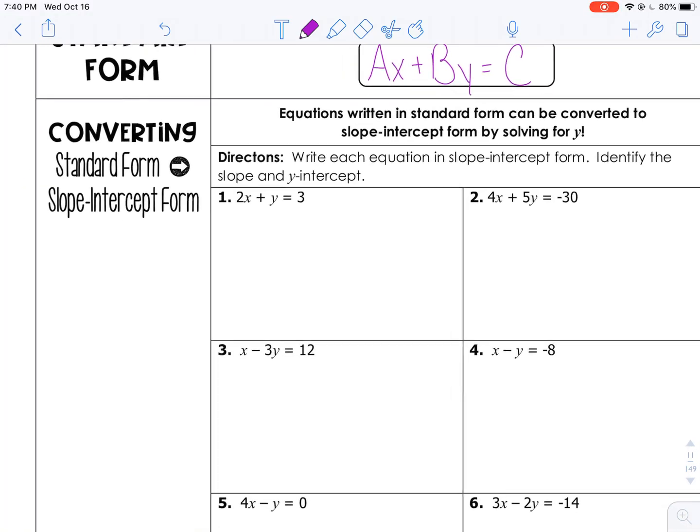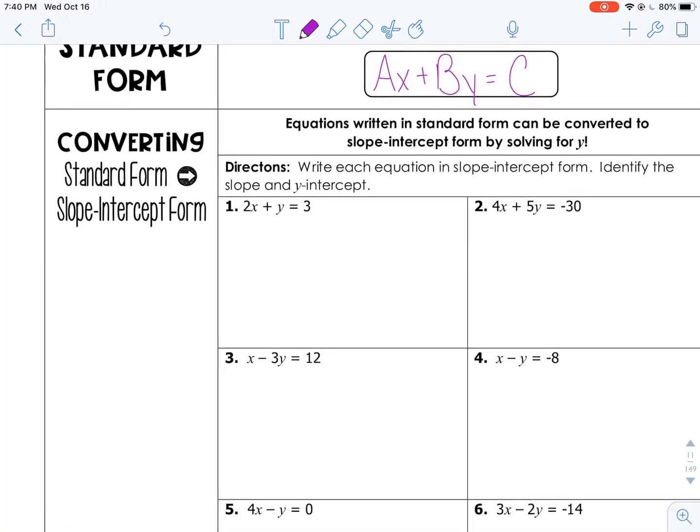So when I'm taking things from standard form into slope-intercept form, which is just saying into y equals form, the first thing I want to do is move my x by either adding or subtracting.